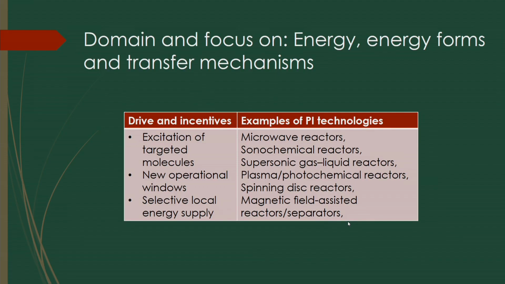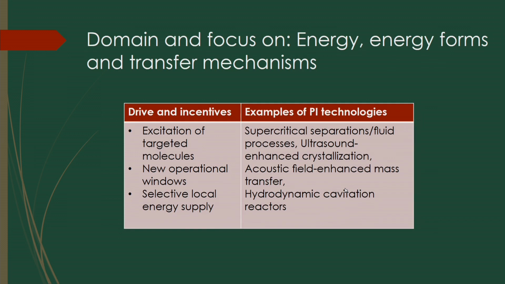Some reactors or separators are to be developed based on this new operational window and selective local energy supply. So the form of energy determines how mass transfer and heat transfer will happen, and based on that, process intensification can be done.